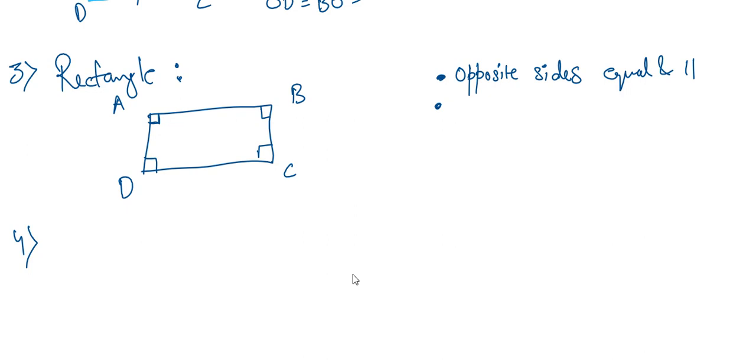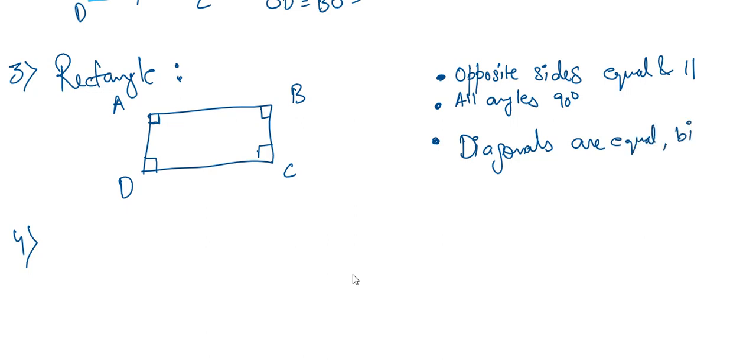All angles are 90 degrees. Another property, the last one, being diagonals are equal, and they bisect each other.